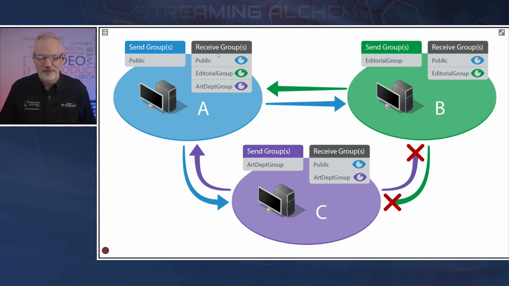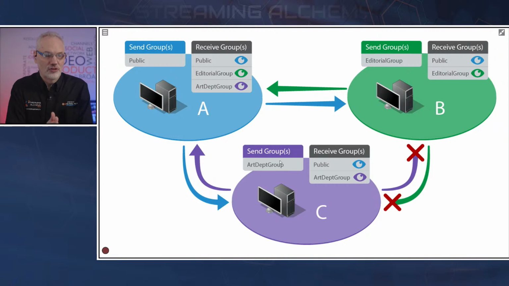But I want to receive things, not just that I have on my own network, public, but that are also from two other systems that are out there, two other groups that are available. And they would be called the editorial group and the art department group. So what this means is that system A can see everybody that is sending their feeds out to editorial group, or everybody that's sending their feeds out to art department group.